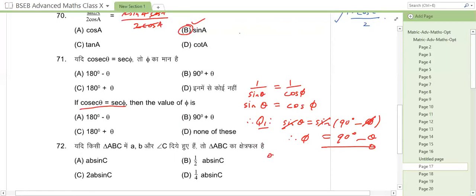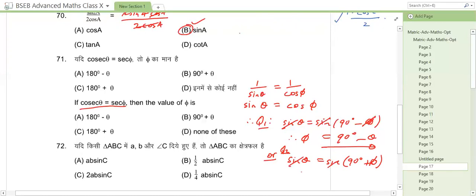Or we have another quadrant solution. Where is sine positive? Second quadrant. So we can say sine theta in quadrant 2: sine of theta is equal to sine of 90 degrees plus phi.